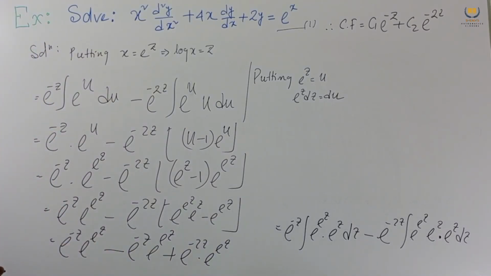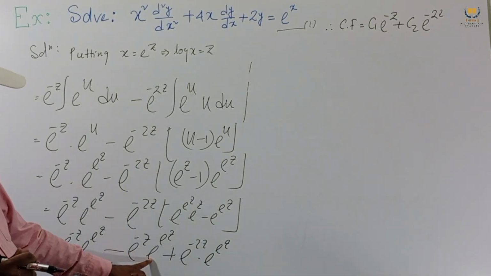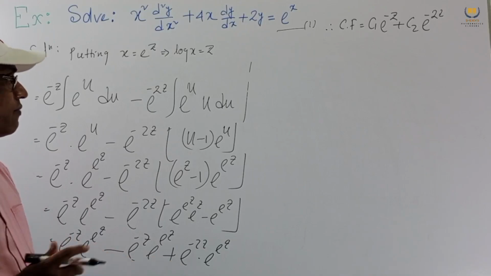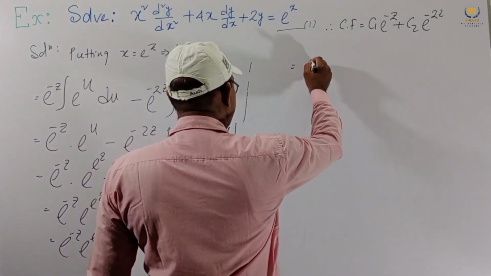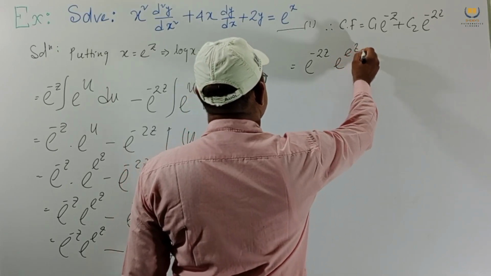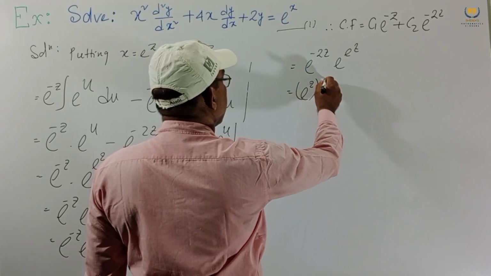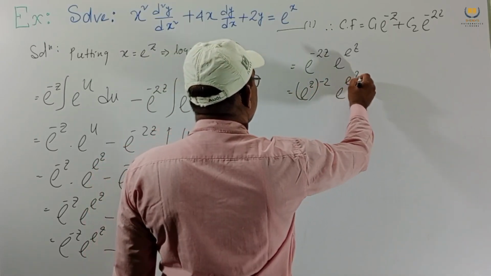We get this one. So these two are like terms, this cancels, and finally we get e to the power minus 2z, e to the power z, and this is e to the power z minus 2, e to the power z.